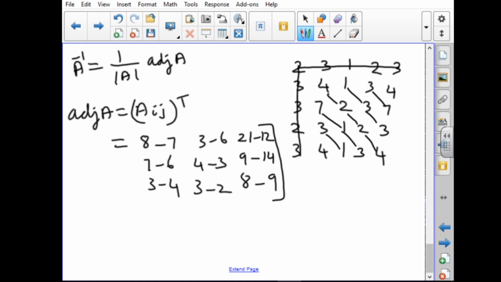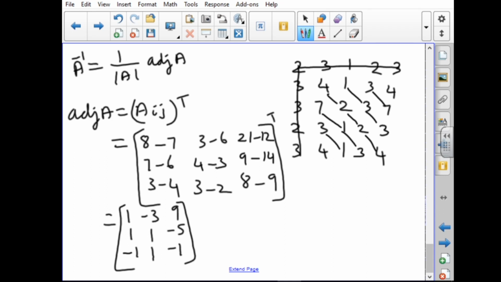The whole transpose. So it is equal to 1, minus 3, 9, 1, 1, minus 5, minus 1, 1, minus 1, the whole transpose. Transpose is changing rows into columns or columns into rows.